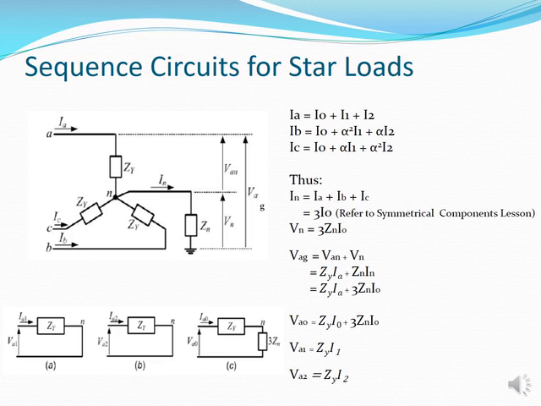Whereas in the previous slide I had taken that IN and written it in the IA, IB, IC format, now I simply replace it with the 3I0. Then I will be able to work out what my VA0, my VA1 and my VA2 are, having looked at what my VAG is.